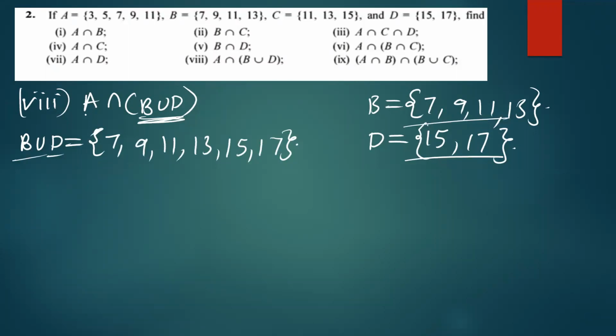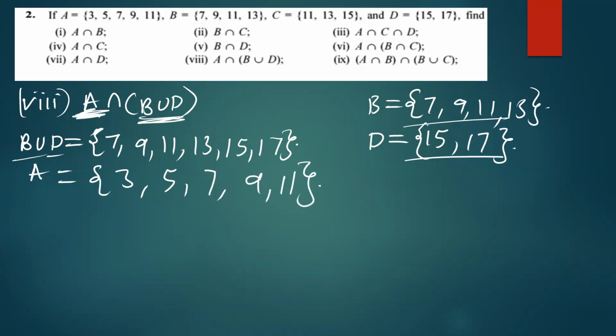And then from there, we also have to include A. Our A is given to be 3, 5, 7, 9, and 11. Now we've been told to find the common elements between A and B union D.